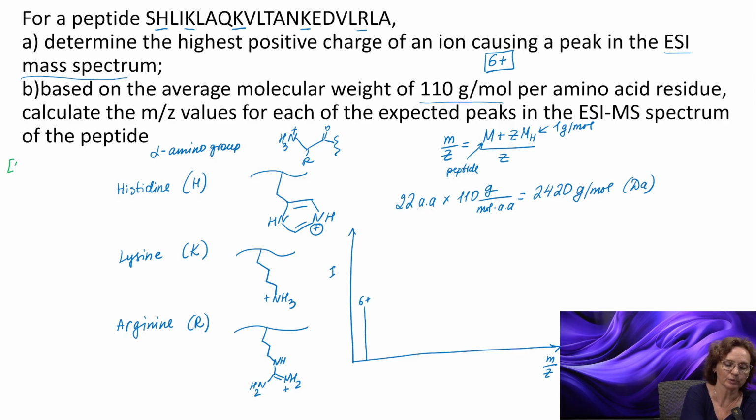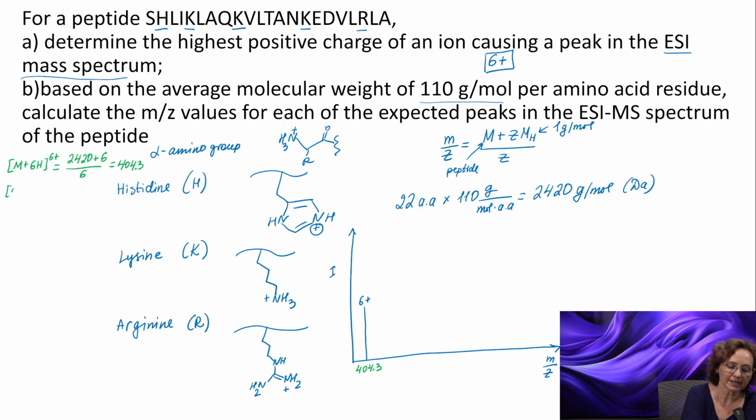So we refer to this peak as M plus 6H, 6 plus, something like that, right? Or just plus over there. And so we will use the mass of the peptide plus 6 over 6, which gives us 404.3. That's it, right?